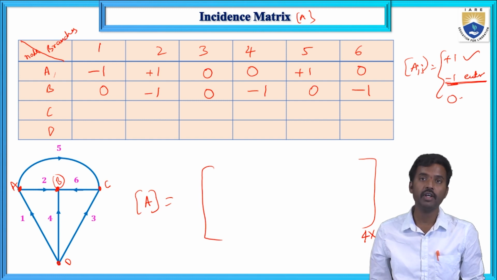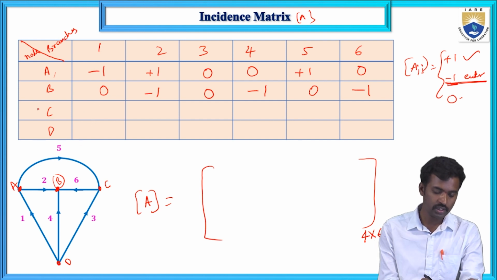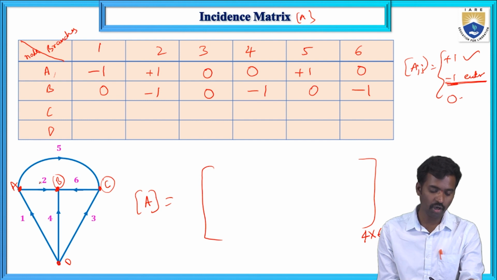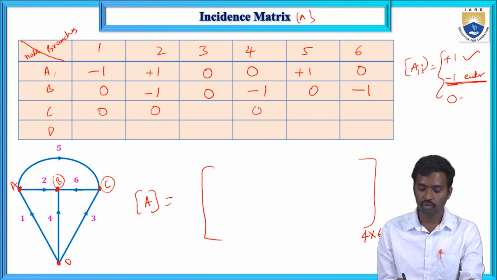Next, similarly, for node C. For node C, the branches not associated are 1, 2 and 4. So the value for 1 is 0, for 2 is 0 and for 4 is 0.